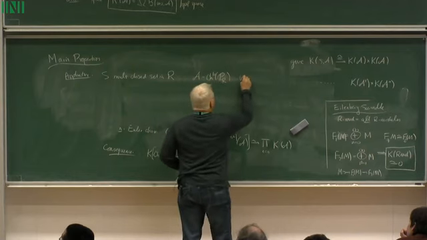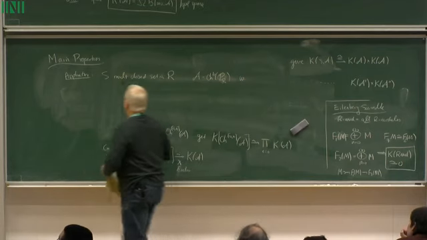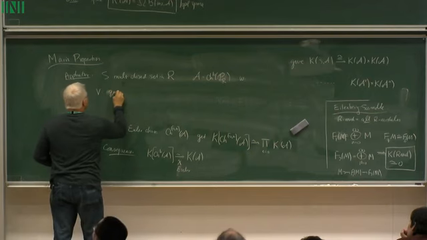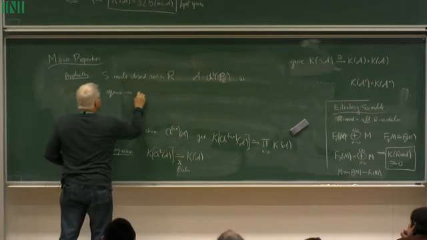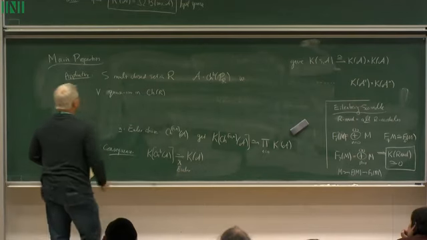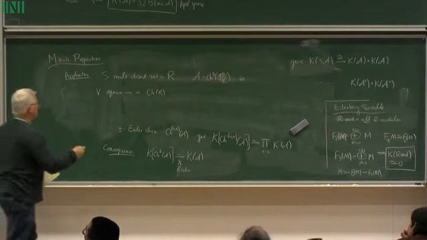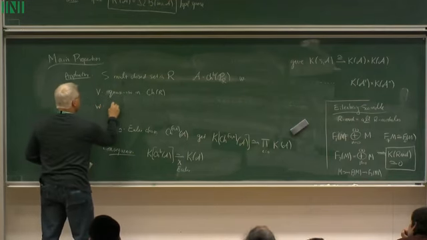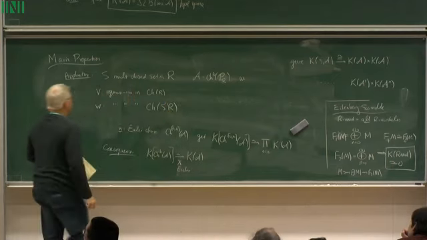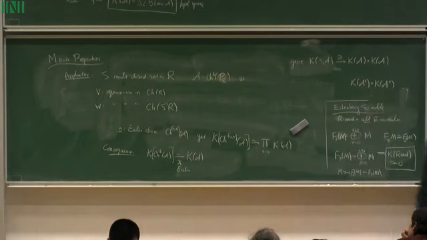And W, well, let's see. You say two things are weakly equivalent if they're a quasi-isomorphism in the category of R modules. And the other equivalence is that they're a quasi-isomorphism in the localized category.